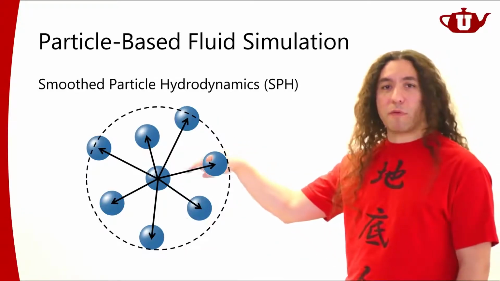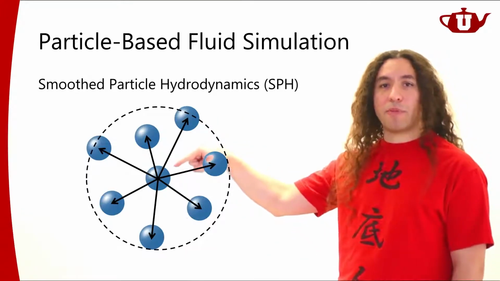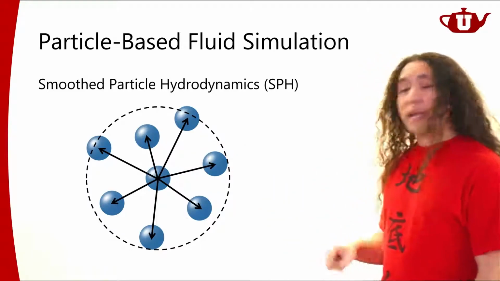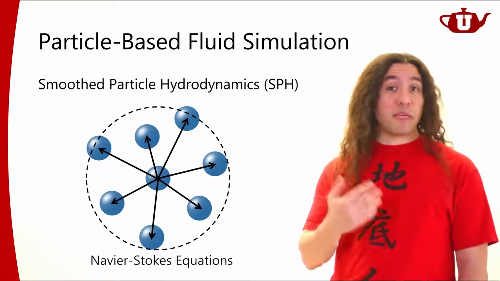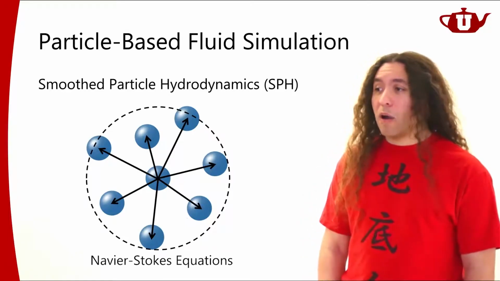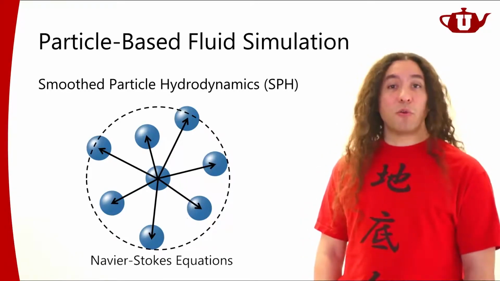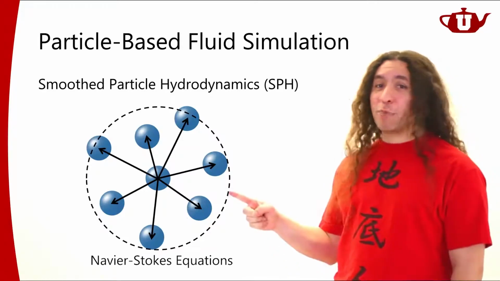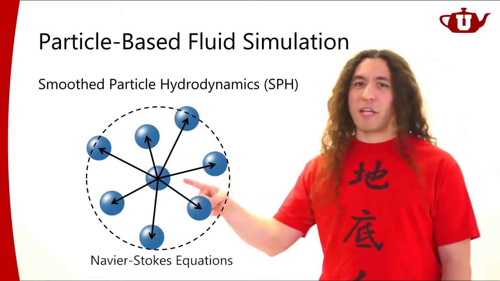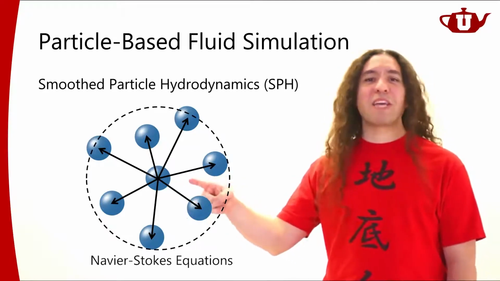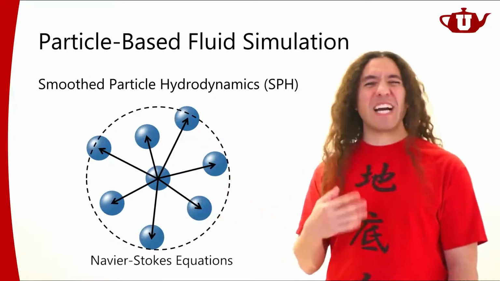So these are all showing forces that are applied to this particle, right? And these forces are computed using Navier-Stokes equations. Navier-Stokes equations are the governing equations of fluid motion. So these are not quite springs, these are different types of forces, even though their directions kind of make you think they're spring forces, but they're not quite spring forces.